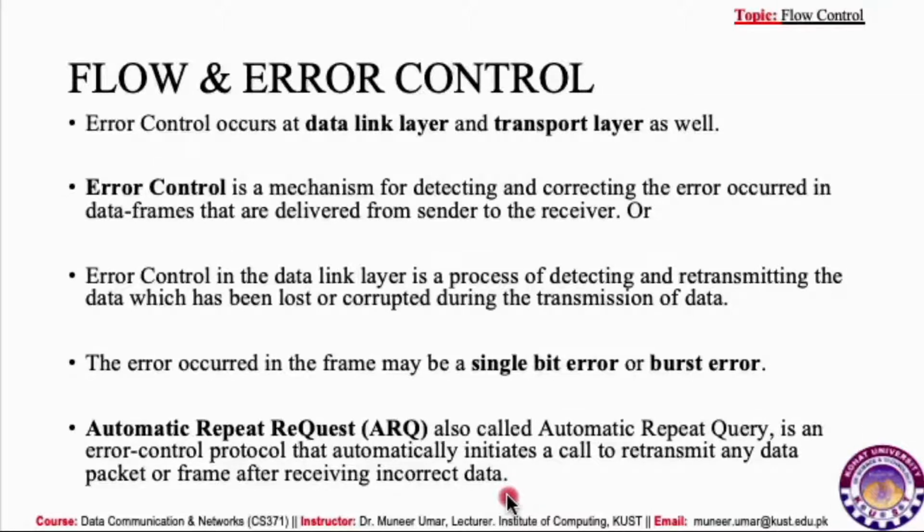So if the data is not transmitted properly for some reason, and the receiver did not get that frame or packet, that packet would be retransmitted by the sender using the ARQ mechanism. So this comes under error control, and this is performed by the data link layer.